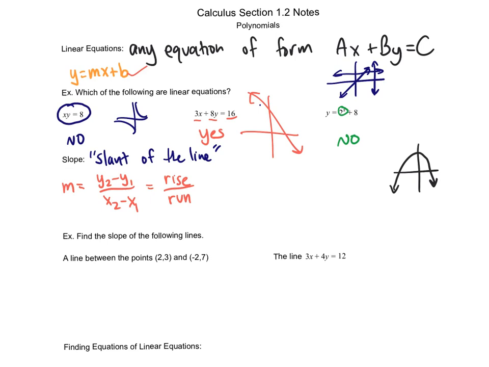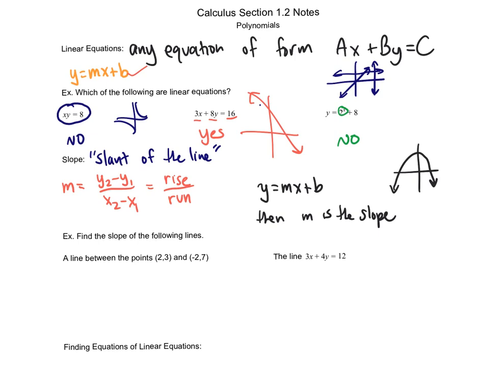All these are ways to do the slope. Also, like we spoke of before, if you have an equation in y equals mx plus b, then m is the slope. So if you have m as your slope in an equation with y by itself, then that is your slope.